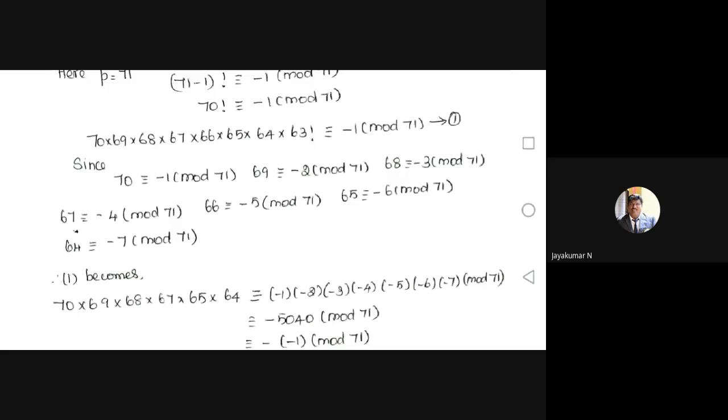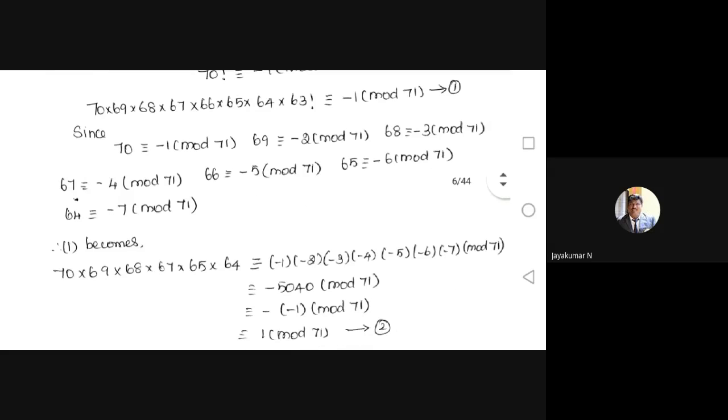So 70 is congruent to minus 1, 69 is congruent to minus 2, 68 is congruent to minus 3, 67 is congruent to minus 4, 66 is congruent to minus 5, 65 is congruent to minus 6, and 64 is congruent to minus 7, under mod 71.